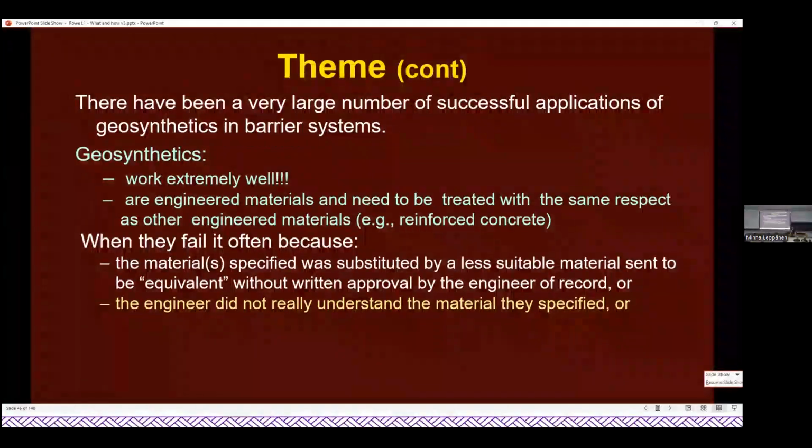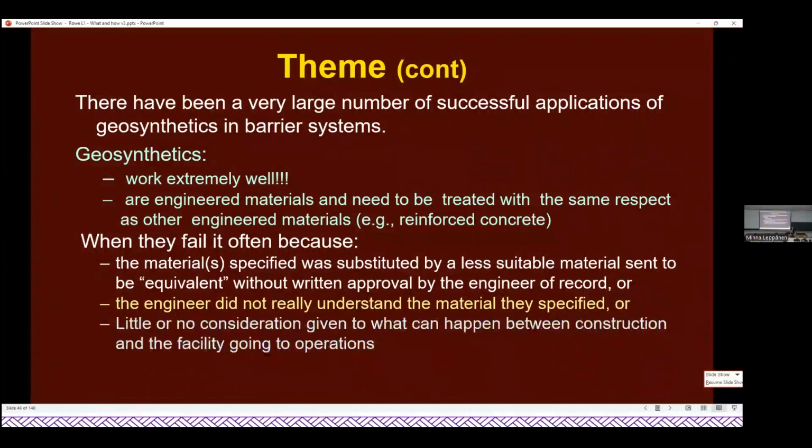Often failures occur because the engineer didn't really understand the material that they were using when they specified it. They gave little or no consideration to what's happening between the time it's placed and the time it goes into service. And a good design can fail because of what happens between the time it was installed and the time it went into operation.